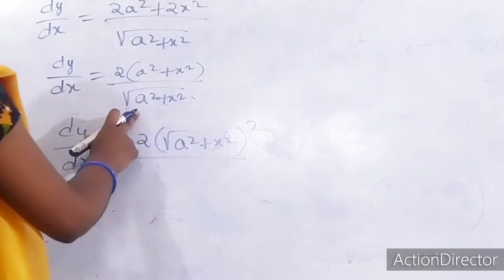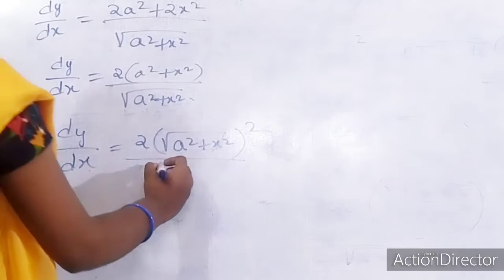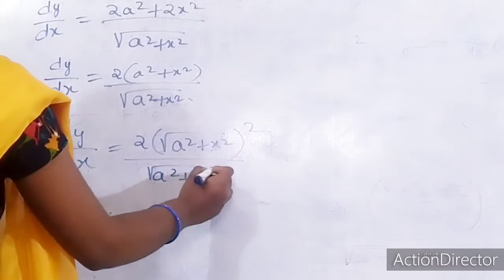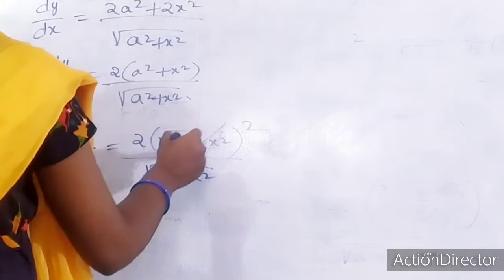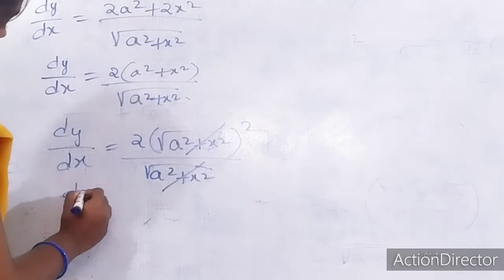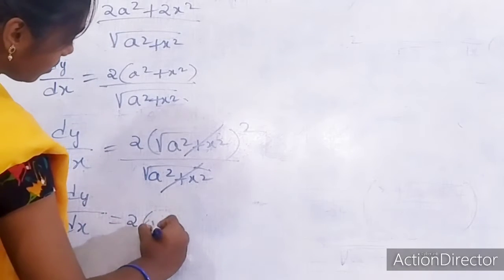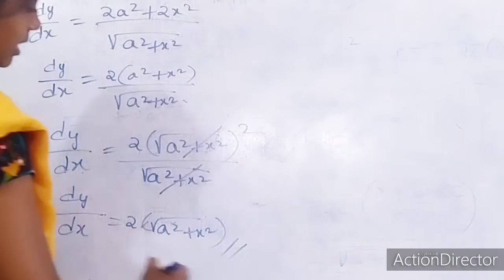In order to cancel the denominator, 1 root of a square plus x square and 1 root of a square plus x square get cancelled. So dy by dx is equal to 2 into root of a square plus x square. It's the final answer.